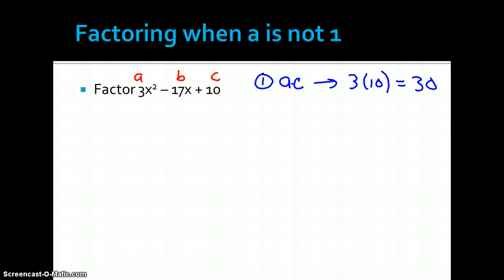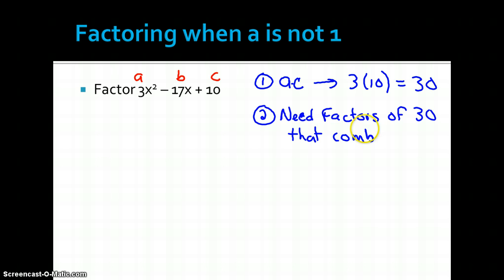Now, our second step, we need factors of 30 that combine to be negative 17.